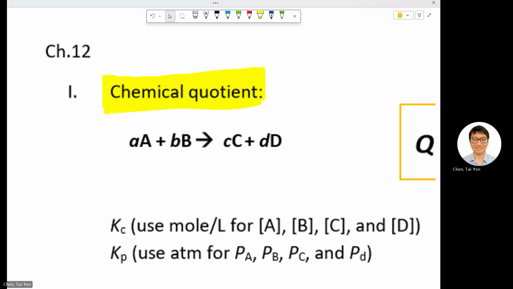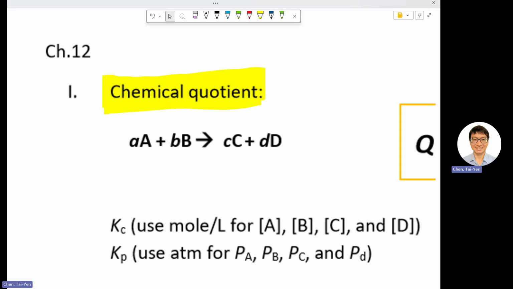One of the things nature and science follow is that your system always wants to go to the lowest energy state, and the state with the lowest energy is when your system reaches equilibrium. So you can calculate your Q at any given time, and nature will make your Q change its behavior so that it eventually looks exactly the same as your K.